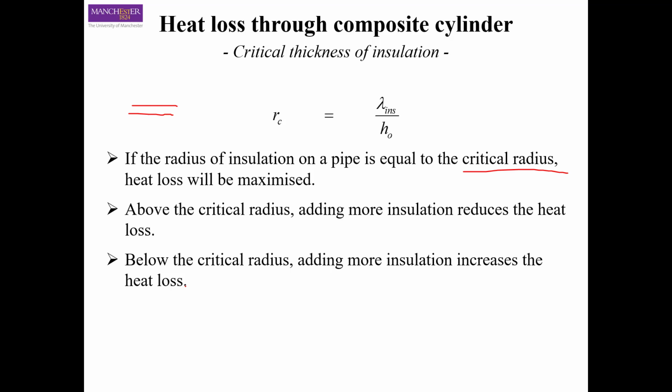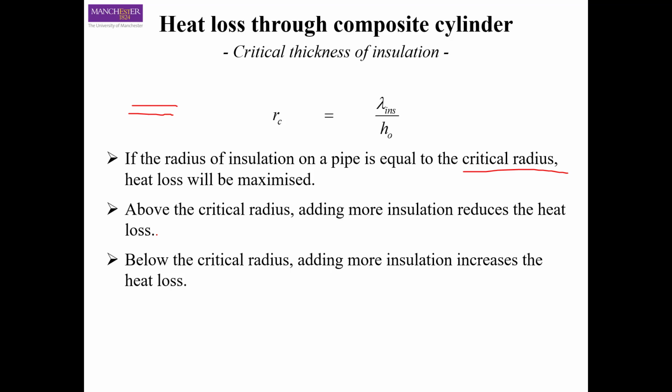Okay, and that is one of the reasons why small pipes are left uninsulated rather than insulated, which would increase the heat loss. While when you are above the value of RC, let's say you are at such a thickness that your total R2 or R is above RC, it means that adding more insulation reduces the heat loss.